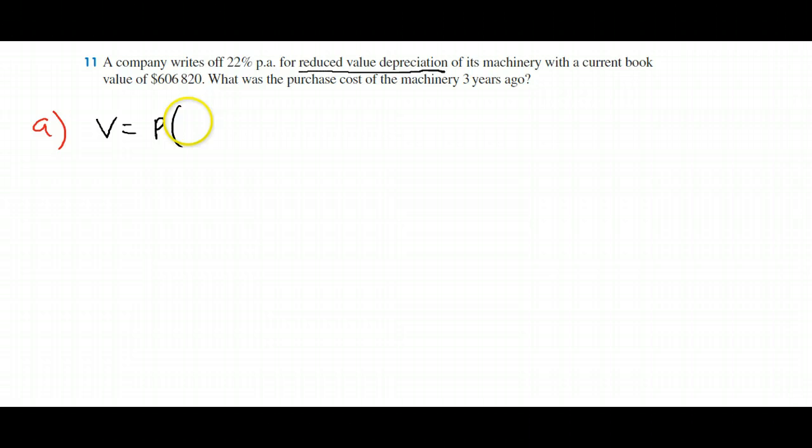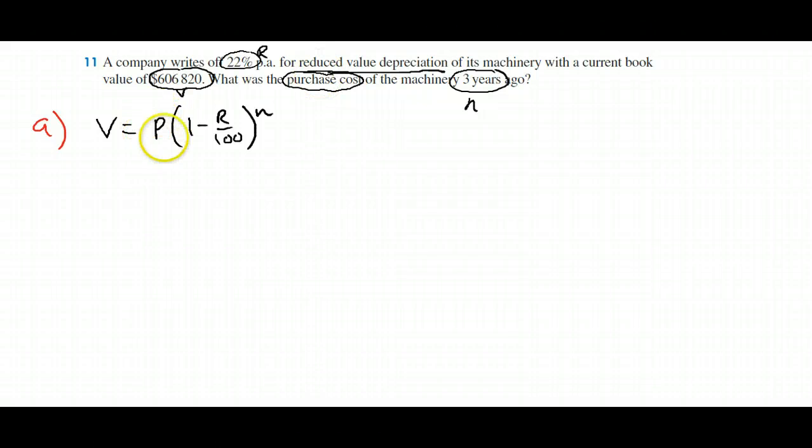V equals P times (1 minus R over 100) to the power of N, and here's our value for R. We're talking about a time span of 3 years, so that's our value for N, and it says this is the book value V.